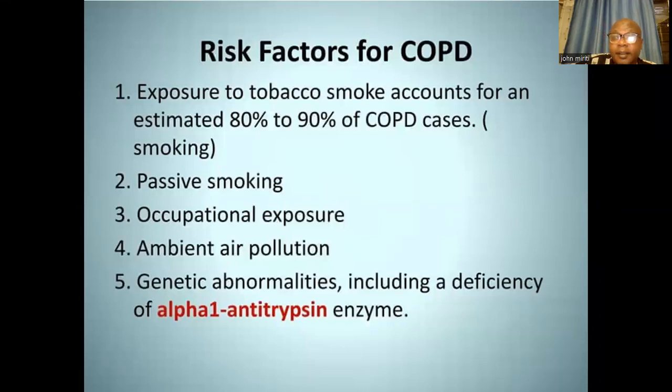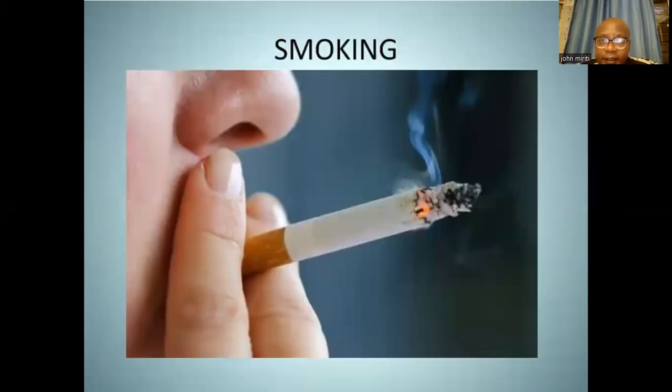Remember, there are passive and active smokers, and also people who are exposed through occupation, like people who work in mining industries, refineries, all those types of areas, ambient air pollution in crowded places, and also people who have genetic abnormalities like deficiency of alpha-1 antitrypsin enzyme in their body are at risk of developing chronic obstructive pulmonary disease. So smoking is one of the biggest causes in our setup.